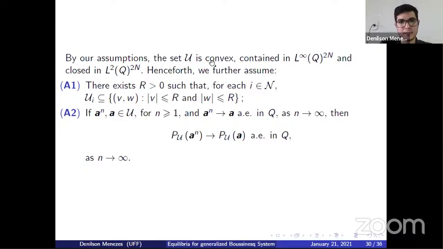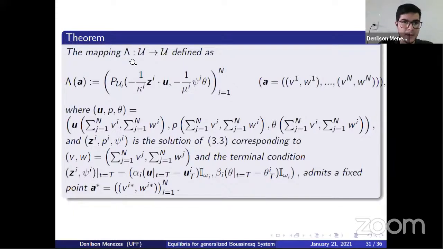The first one is our set must be convex, contained in L infinity of Q, and closed in L2 of Q. And these two assumptions: that Ui is contained in a ball in L infinity of Q, and if you consider a sequence AN that converges to A almost everywhere in Q, then the projection on U of AN converges to the projection on U of A. So now I can present this result that affirms that this mapping admits a fixed point.